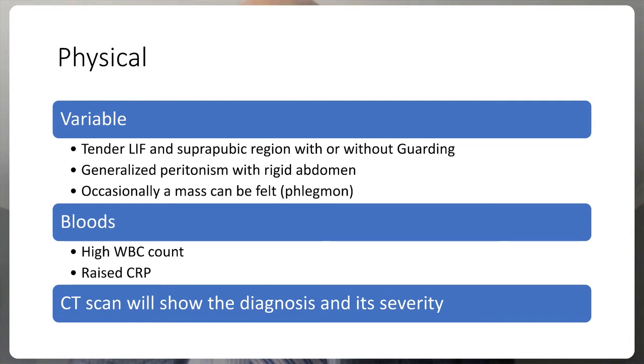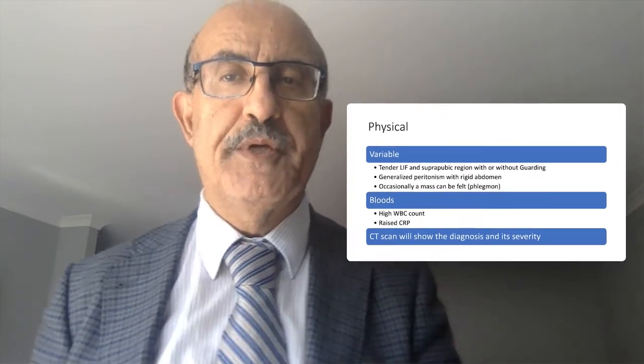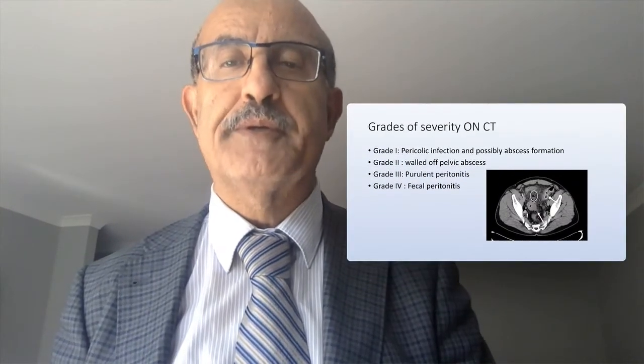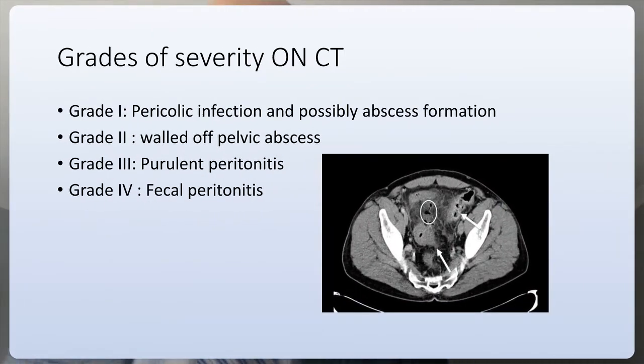And then you scan them. We usually do a CT scan of the abdomen. Now, the CT scan of the abdomen is crucial, and we use it in every single case of acute diverticulitis, and that's not only to establish the diagnosis, but also to establish the severity.